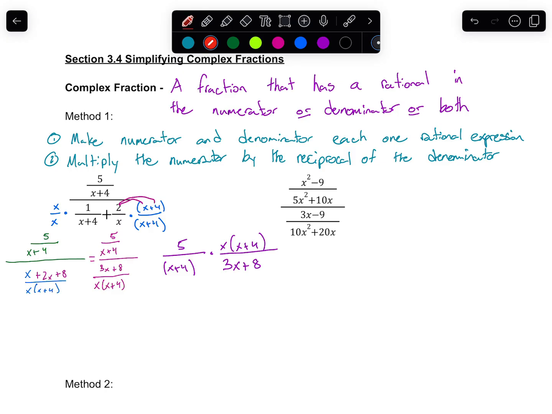And so now, like we've said in the past, when we're multiplying, really it's just one big fraction here. I have a like factor here, a like factor here. So I'm going to have 5x up top and 3x plus 8 on the bottom for our solution.